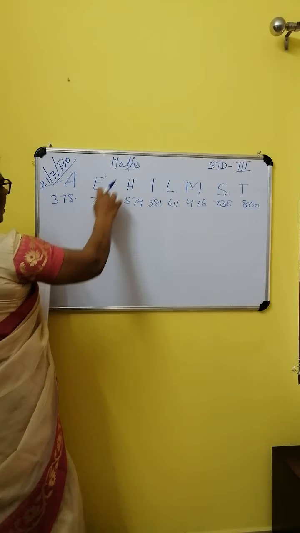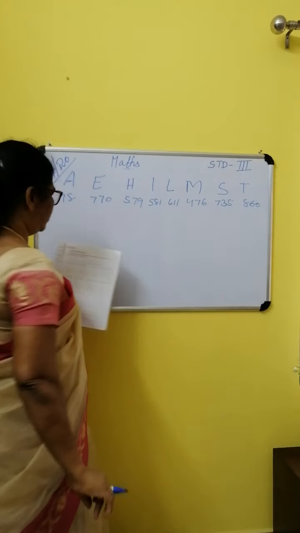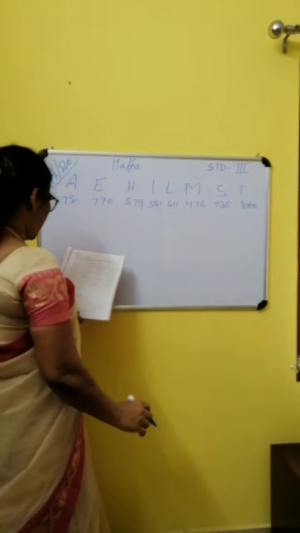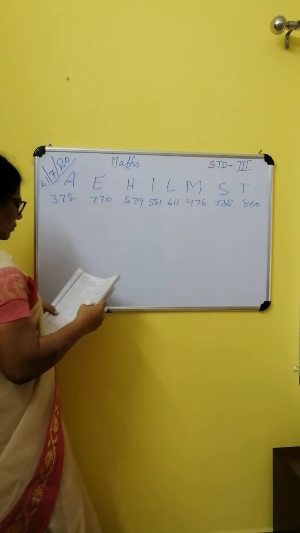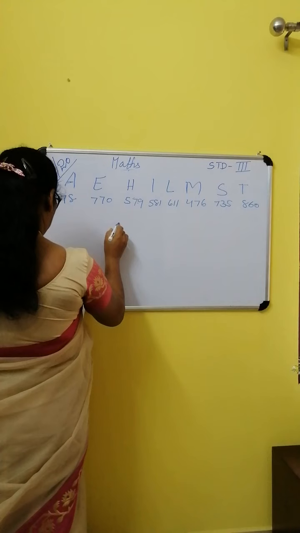All these numbers are against the letters. See the letters above. First question I will show you. First one is done there. Second one I will show.